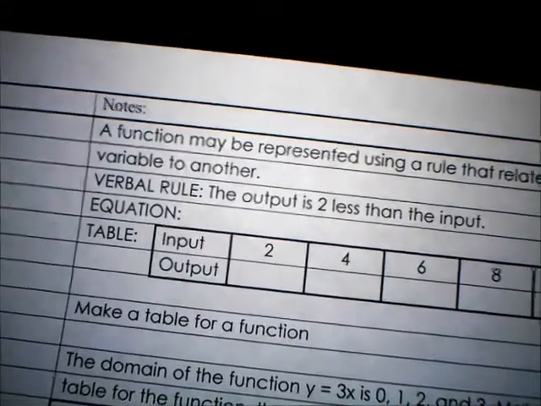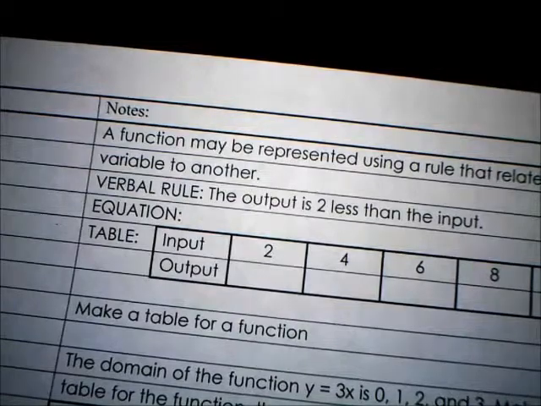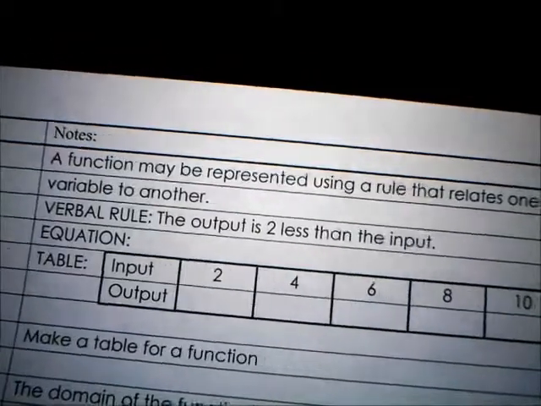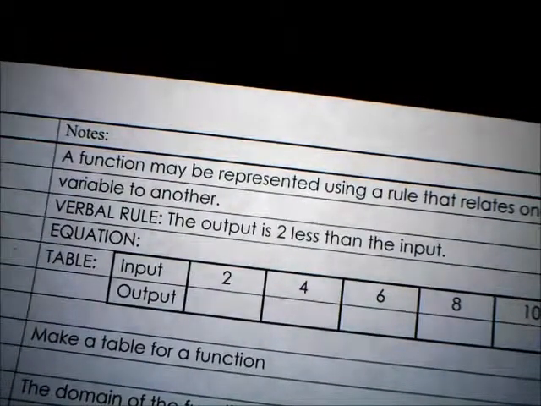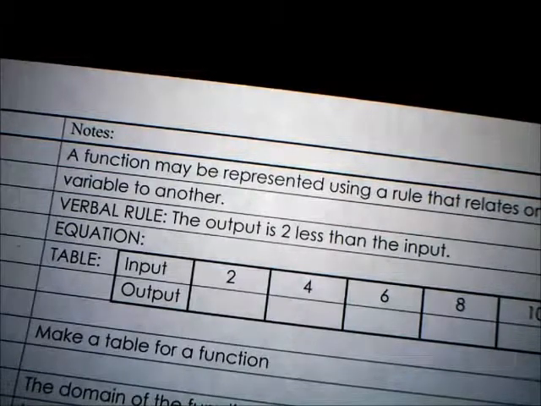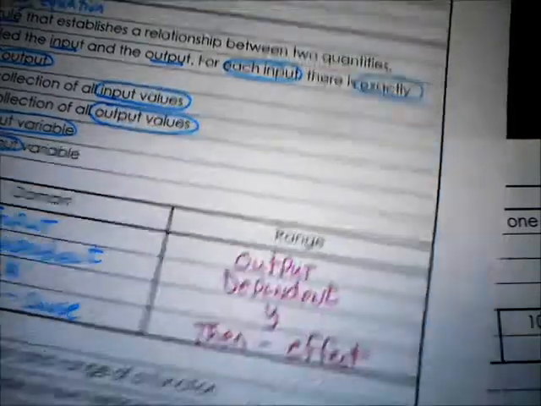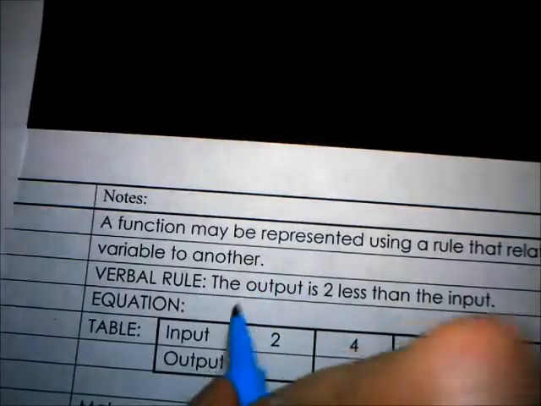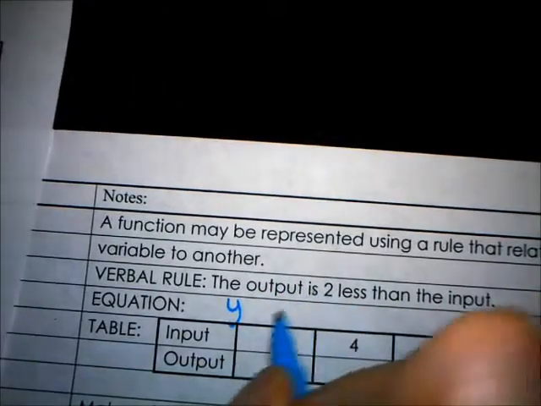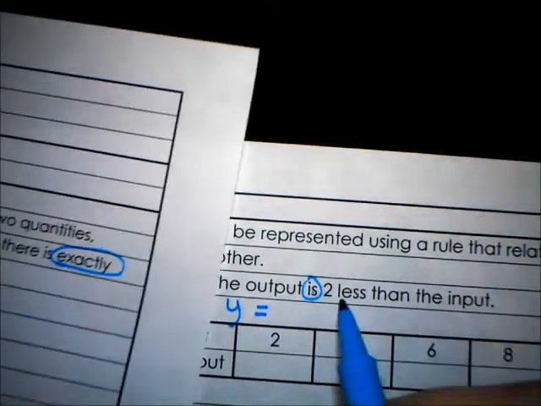have functions. A function may be represented using a rule that is related one to another. The verbal is the output is 2 less than the input. Well, the output, we said the output was going to be the letter Y. Is my equal sign.